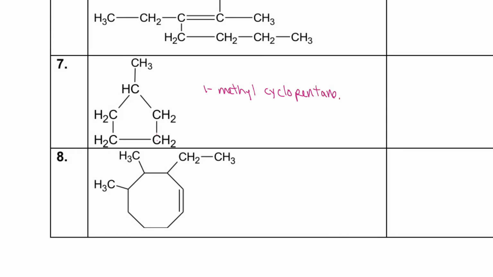This next one has 1, 2, 3, 4, 5, 6, 7, 8 carbons. So it's going to be cyclo, and then it is octene, and then we can say that's on carbon number 1. So you can do it 2 different ways.